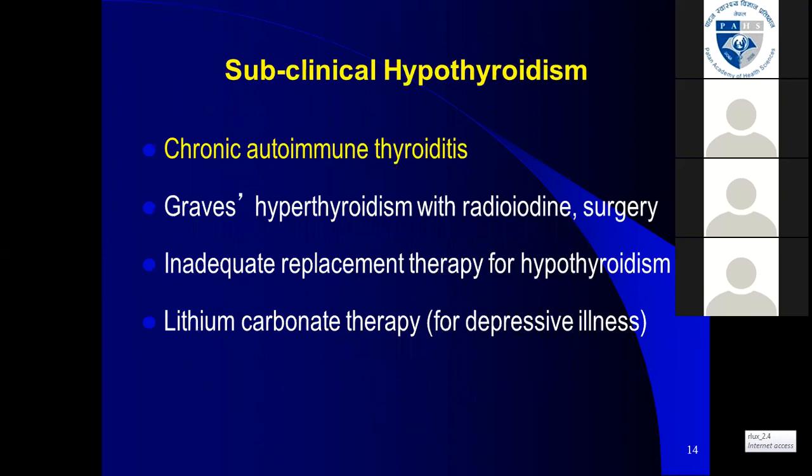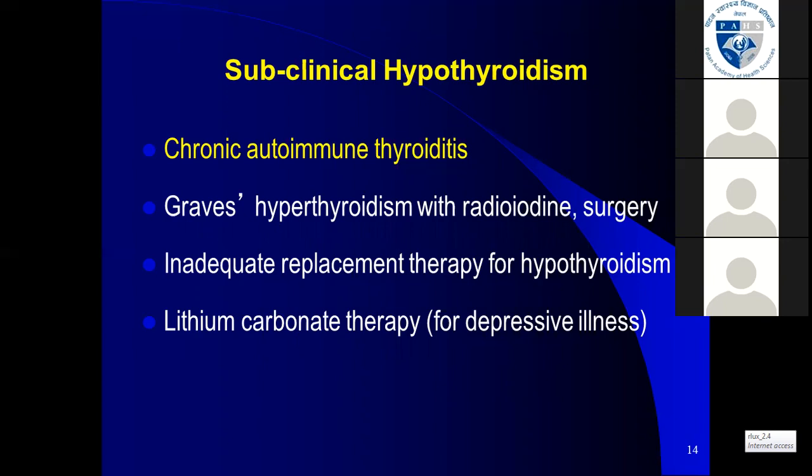Now coming to the second topic, subclinical hypothyroidism. As I've already mentioned, the TSH level could be increased, but the T3 and T4 levels could be normal without any clinical symptoms. The cause might be chronic autoimmune thyroiditis.